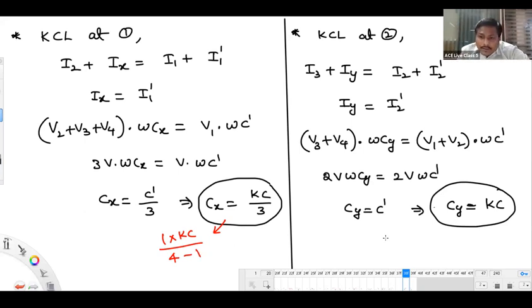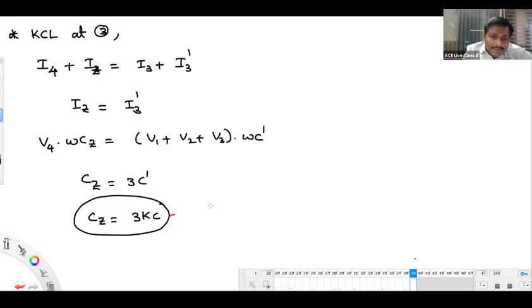Cy is 2 into Kc by 4 minus 2. 4 minus 2 is 2, the 2s cancel and it will be Kc. Cz is 3 into Kc by 4 minus 3. 4 minus 3 is 1, so you get 3 into Kc by 1, which is 3 Kc. All of you getting it?